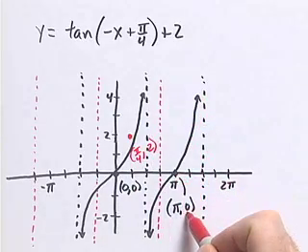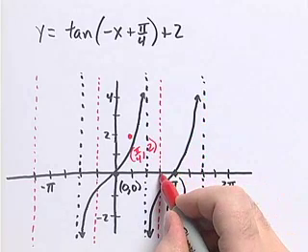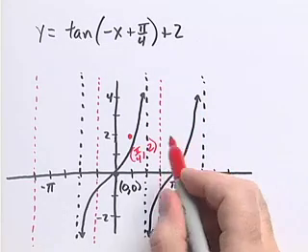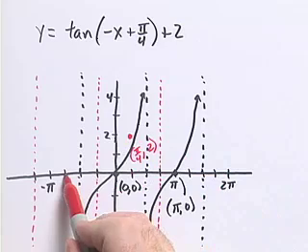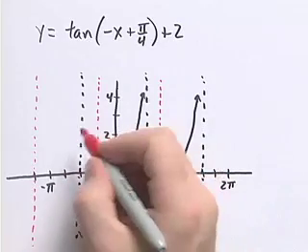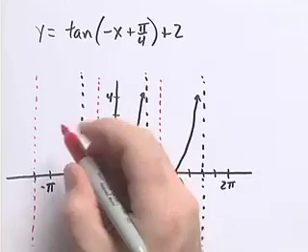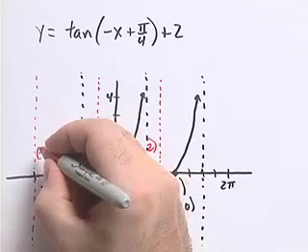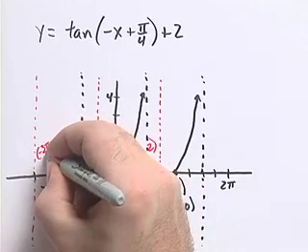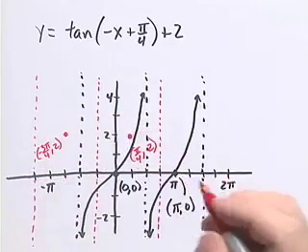Our second point, pi, 0, we shift left pi over 4 units, reflect around the y-axis, go up 2 units, and that puts us right about there. And that is negative 3 pi over 4, 2.